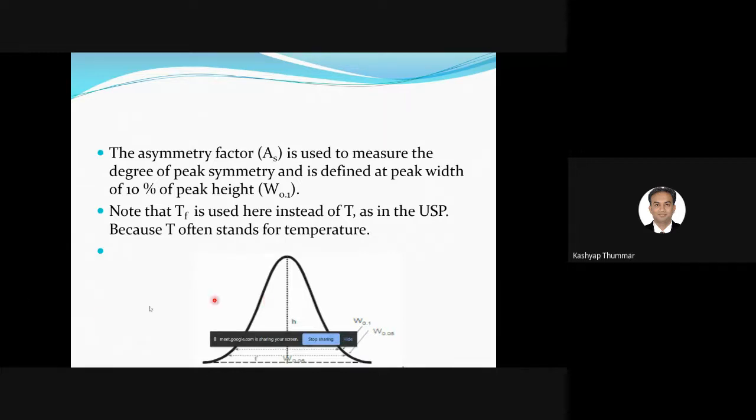Note that TF, tailing factor, is used here instead of T, as in USP, T often stands for temperature.